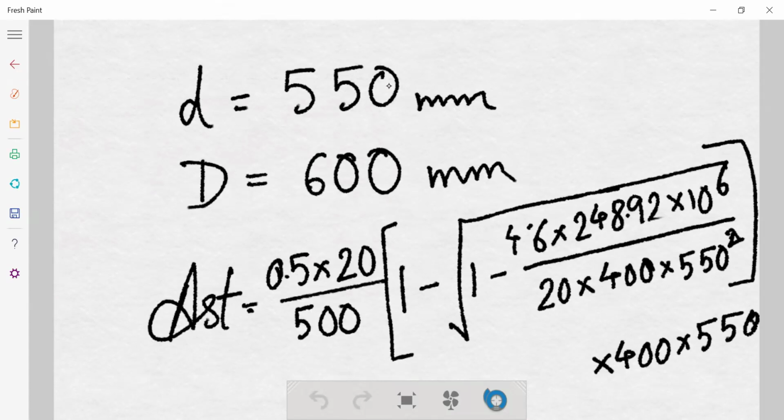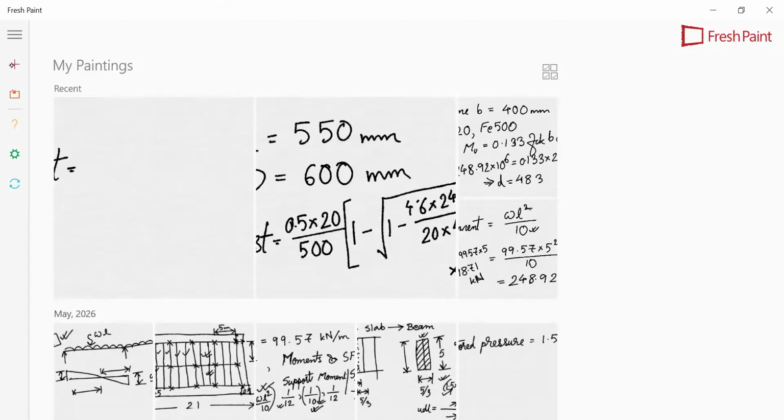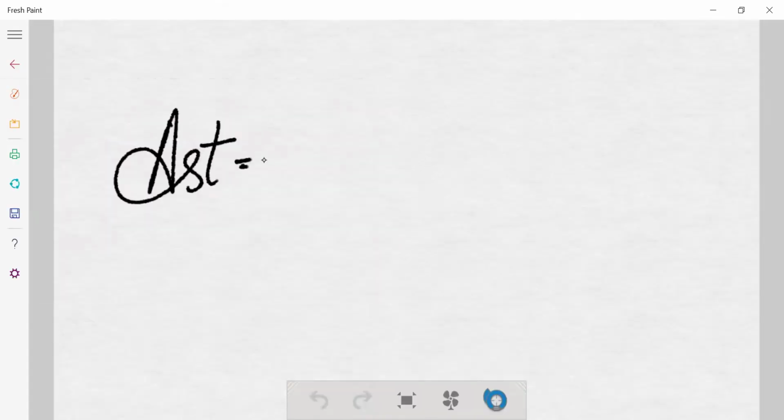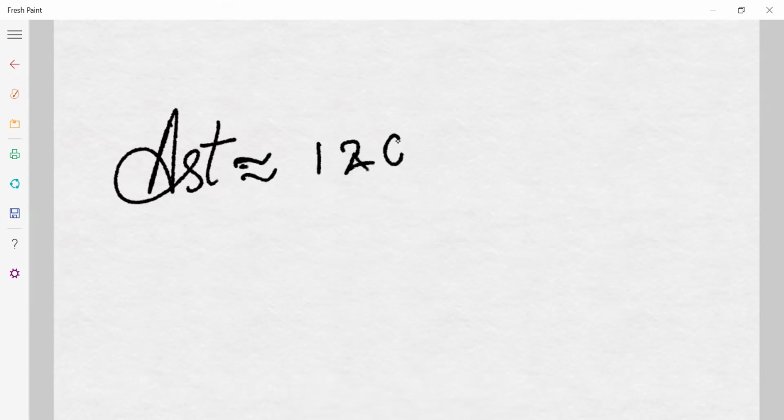So it is around 1200. Around 1200 mm square AST you will get.